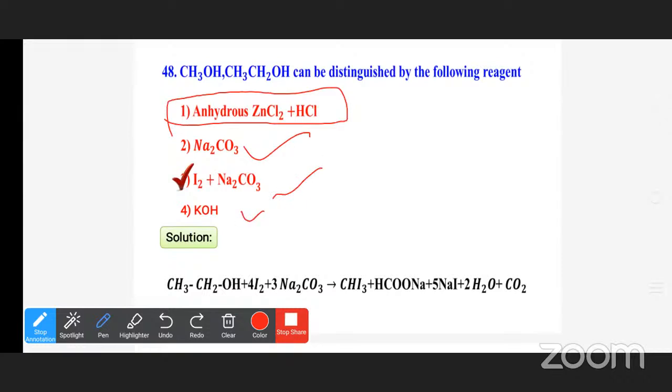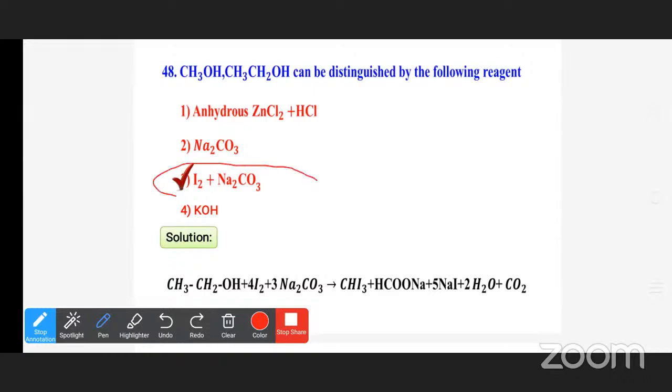Ethyl alcohol reacts with iodine and sodium carbonate to form iodoform, CHI3, and sodium formate. So this can distinguish between methyl alcohol and ethyl alcohol. The reagent is iodine and sodium carbonate, Na2CO3. So the third one is the correct option. Okay, right.